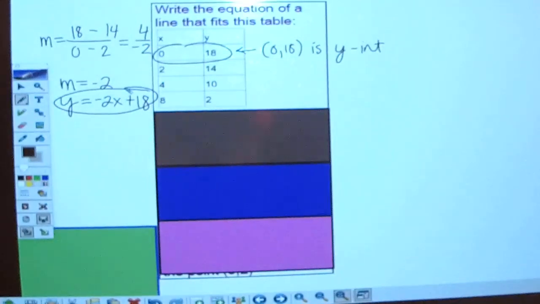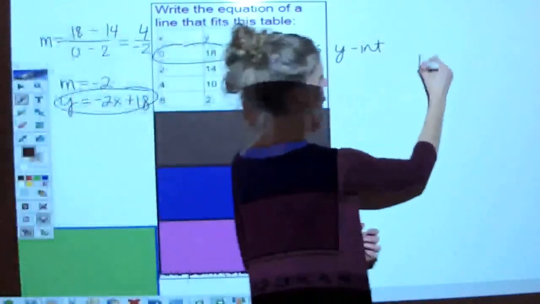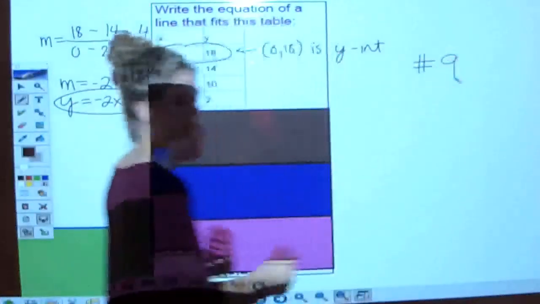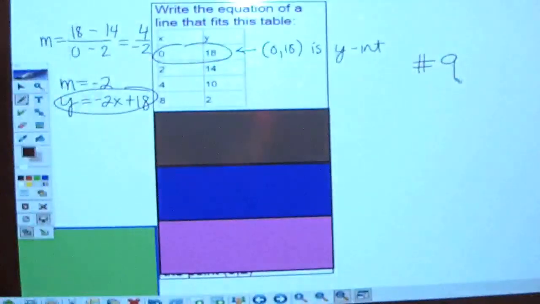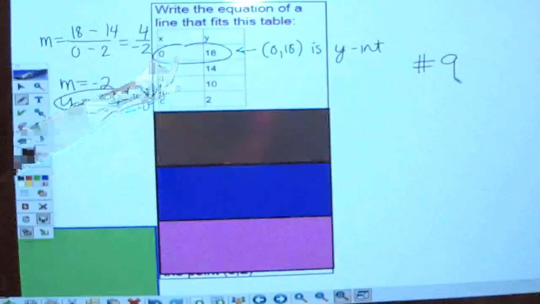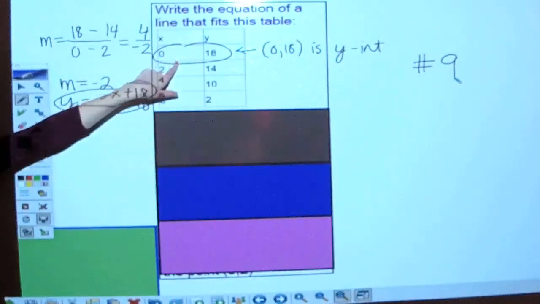It's number 9. Okay, cross off number 9. We just found the slope using the slope-intercept form because it has a 0 here.